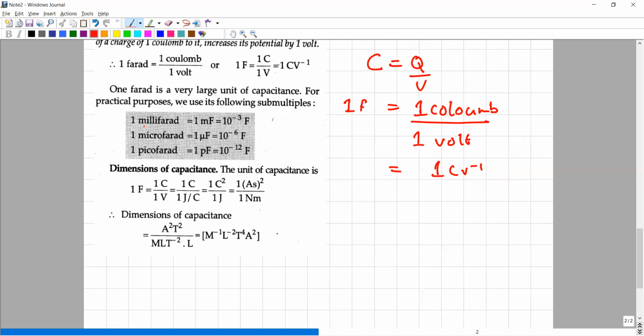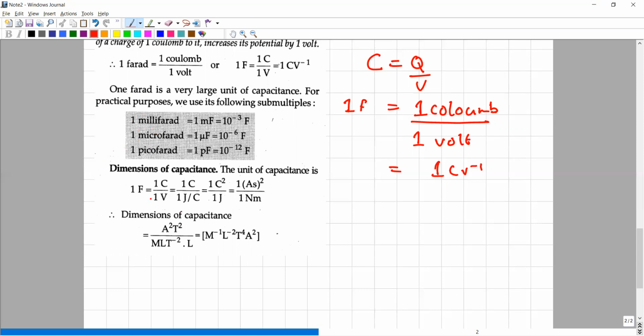In the numericals also, rarely will you find any numerical where the value of capacitance is given as 1 farad. Every time, the value of capacitance would be stated in some smaller units.